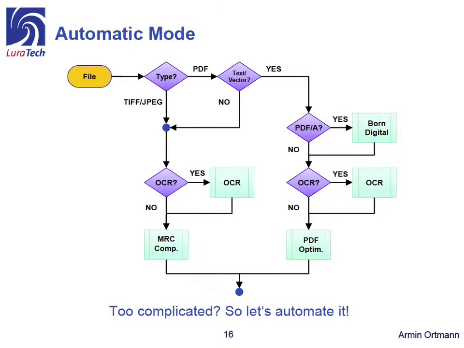And these decisions can actually just as well be made by our software as by a user who is looking at the input documents and trying to get an idea. And maybe they're wrong because they're looking at the first 10 documents and the next 100 documents have a totally different structure because they're all PDF, and many people have difficulties in determining whether something is actually text or vector contents, and it can be misleading sometimes.